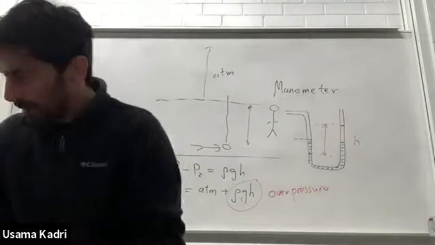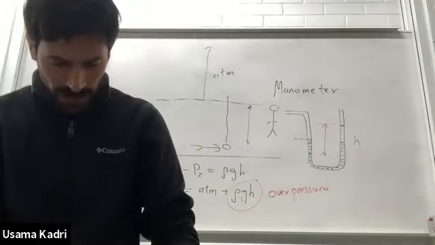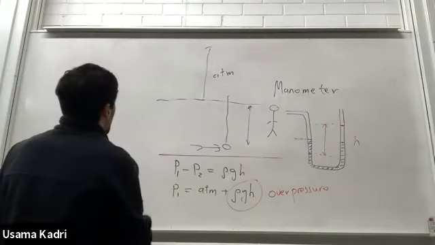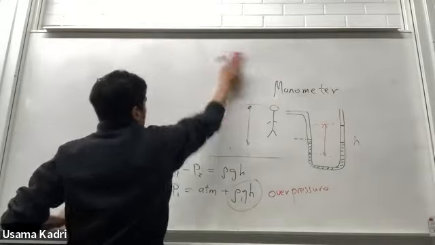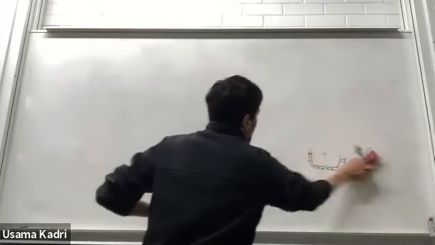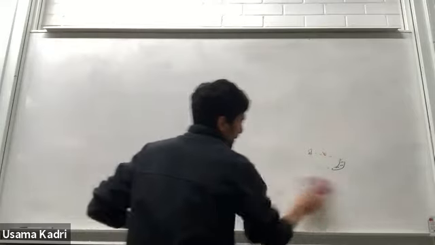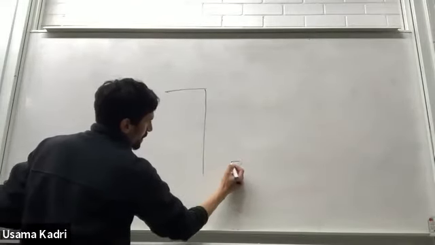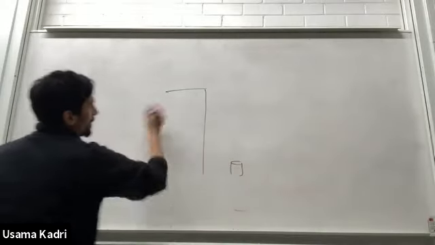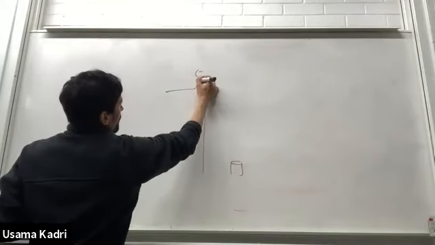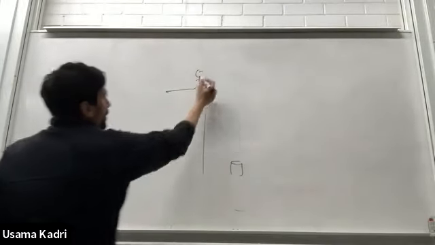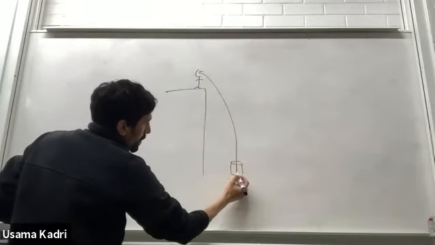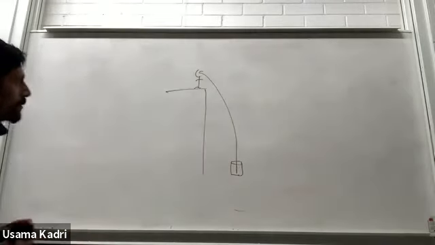We're done. I have only one question for you to think about. Imagine that you are standing on the top of a building. How far, if you had that straw now, you have the water here, for example, or juice.